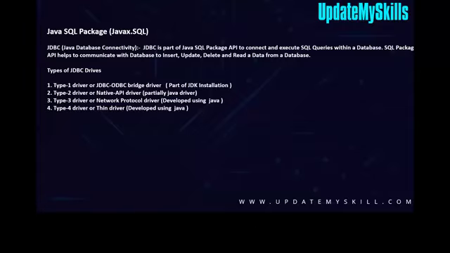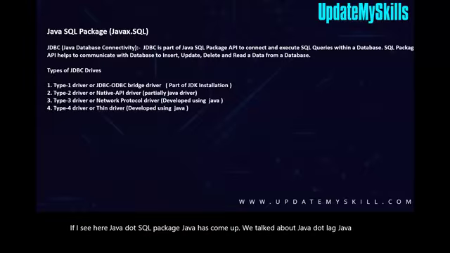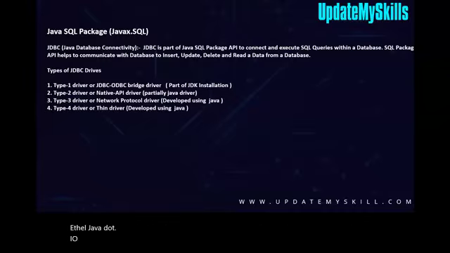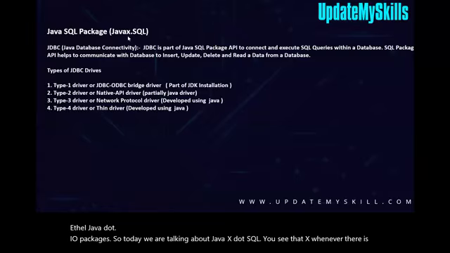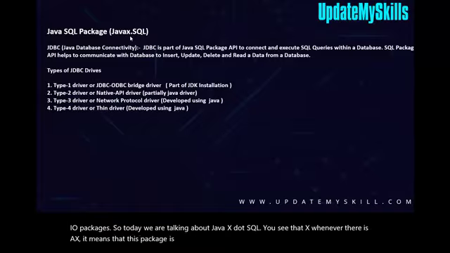If you see here, the java.sql package has come up. We talked about java.lang, java.util, java.io packages. So today we are talking about javax.sql. You see that x, whenever there is an x, it means that this package is totally written in Java.